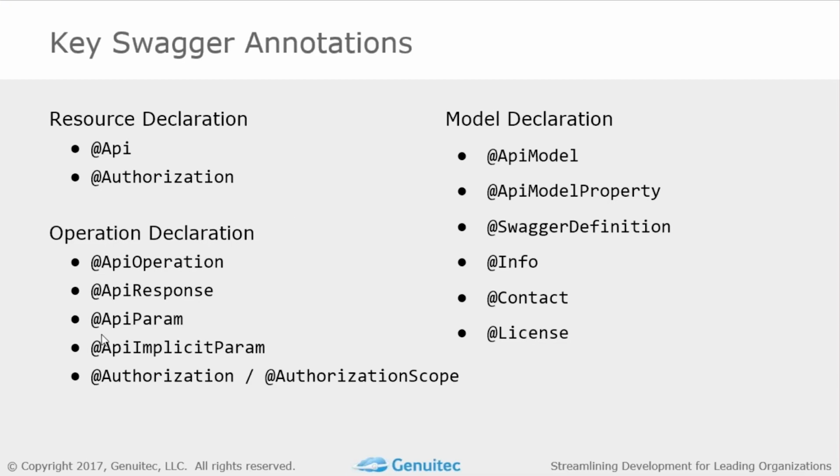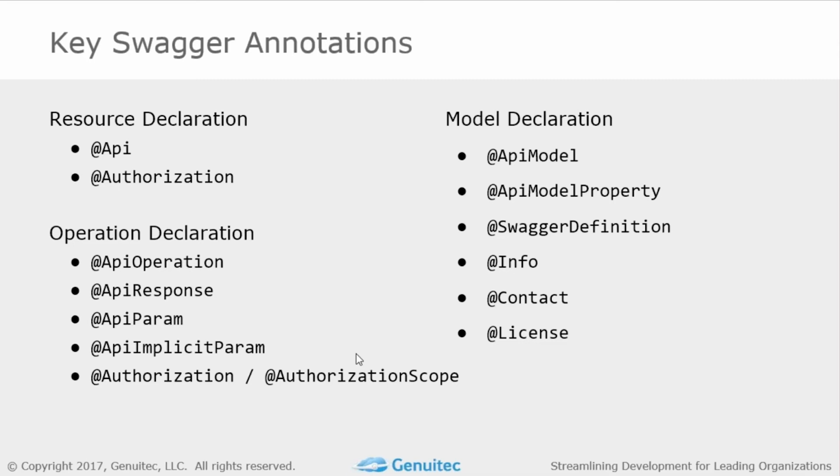It allows you to specify what authorization scheme applies to either the entire resource or the particular operation that it is annotating. So you can specify individual authorization requirements for each endpoint if you so desire.